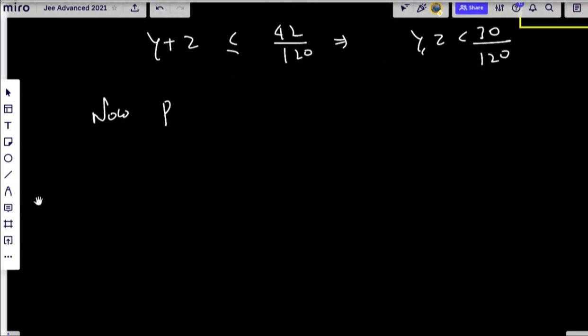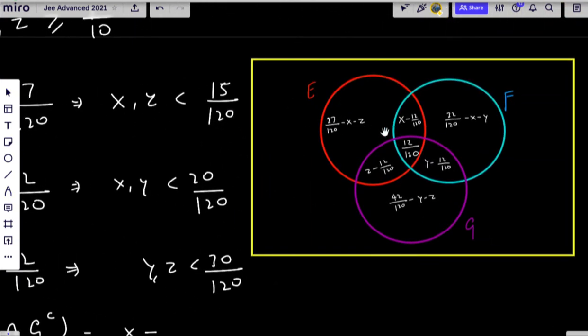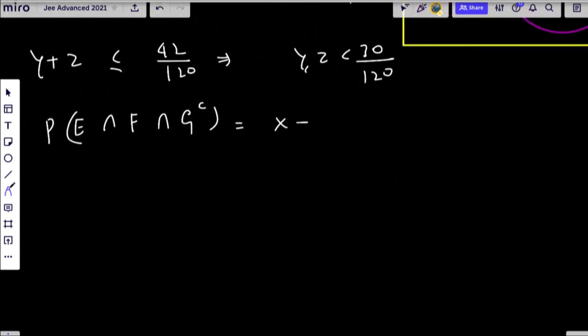So for the first part, probability of E intersection F intersection G complementary, we have to evaluate. This will be x minus 12 by 120, meaning E intersection F and G is complementary. This part will be there in which G is not participating, E and F are participating.